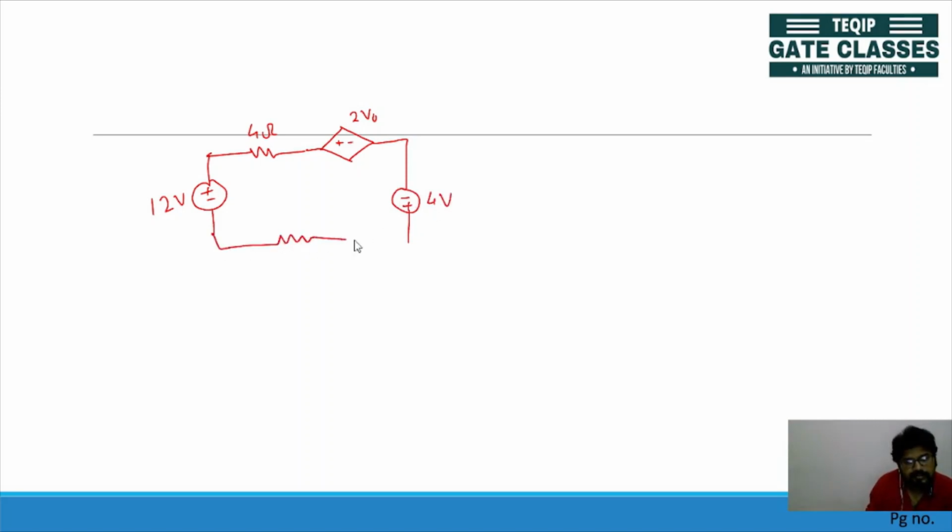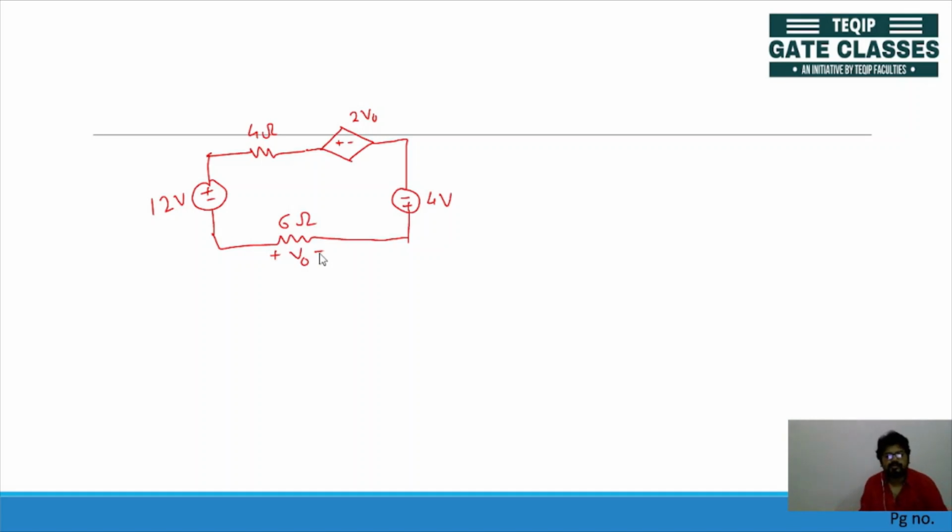Okay, we have a 12 volt voltage source here, a 4 ohm resistance here, an independent source with plus minus polarity with the value 2V naught, and another voltage source with polarity minus plus, it is 4 volt, and a 6 ohm resistance, and the voltage across it is V naught.